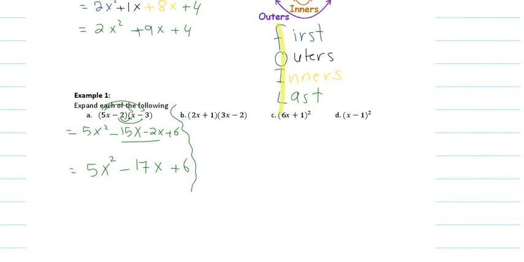So I'm multiplying 6x plus 1 by itself, right? That's the same thing as writing 6x plus 1 times 6x plus 1. Whenever you see something squared, that's the same thing as writing it twice. Now you can do your fourth. Go ahead and do these questions.